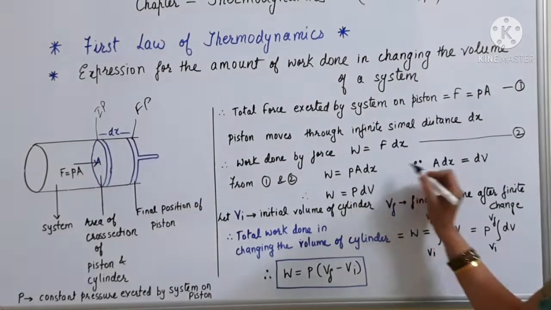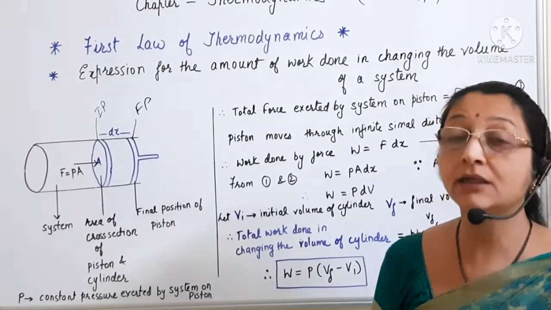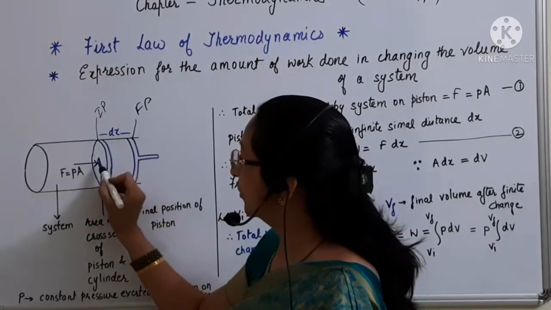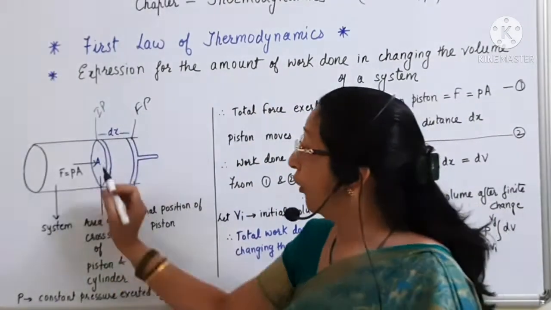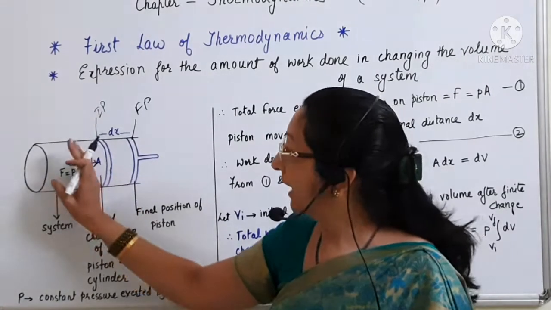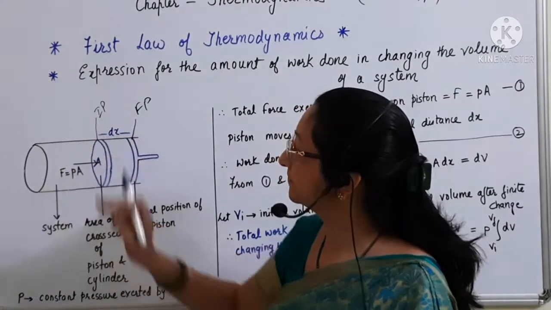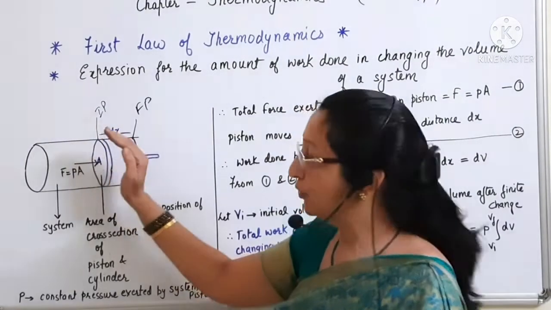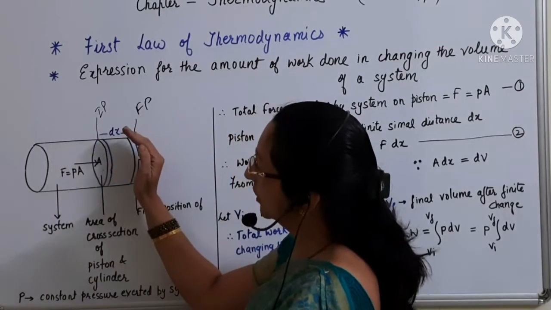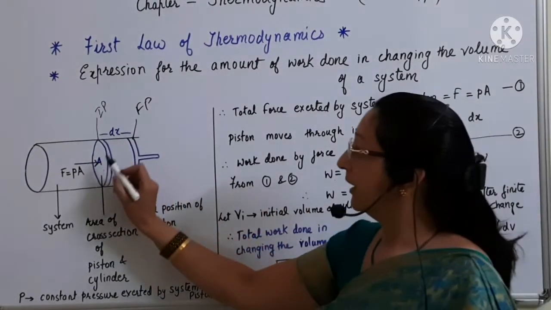Now, what is A dx? A is the area of the piston and dx is the displacement of the piston. So A into dx is the increase in volume of the cylinder. The volume of the cylinder has now increased. Earlier the piston was here, and then due to the application of force or pressure, the piston has moved here. So this much volume is increased.